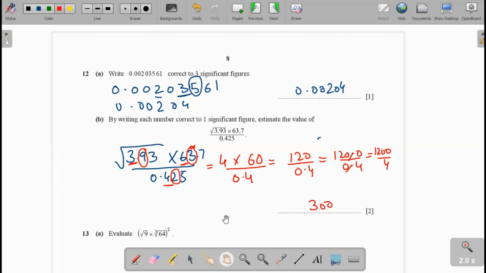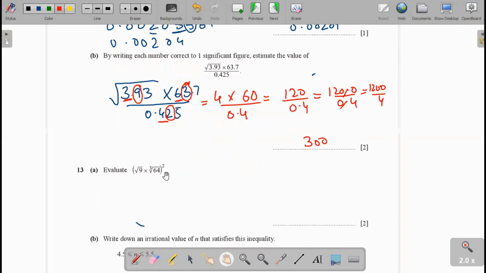Now we go to the next part. Evaluate square root of 9 multiplied by cube root of 64, the whole power 2. Firstly we open the bracket. Square root of 9, we take the square of this value. Now cube root of 64 squared. The square root will be cancelled by the square, we get 9.